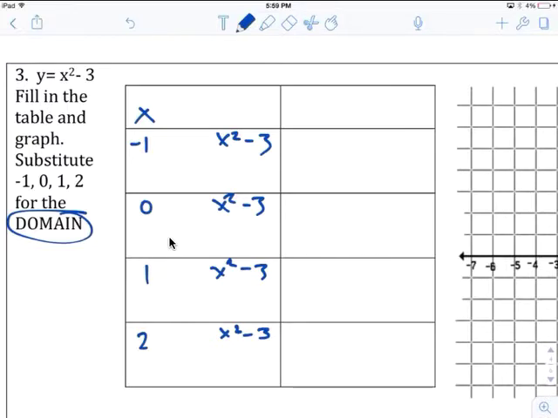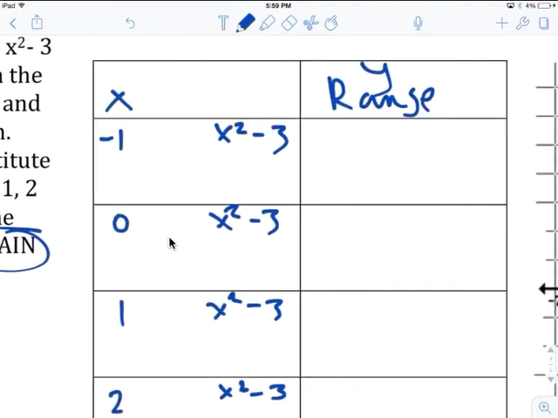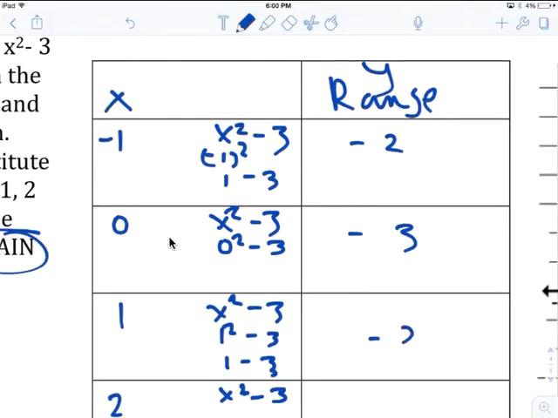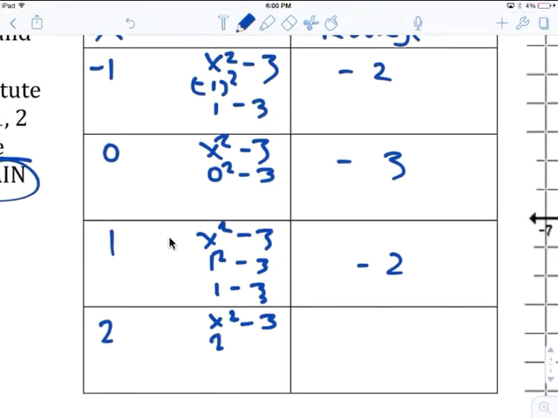Okay, you substitute it in to find your range, your output, your y. Substitute it in: -1 squared is 1, minus 3, you get -2. 0 squared minus 3, you get -3. 1 squared minus 3, 1 minus 3, you get -2. 2 squared minus 3, 4 minus 3, you get 1.